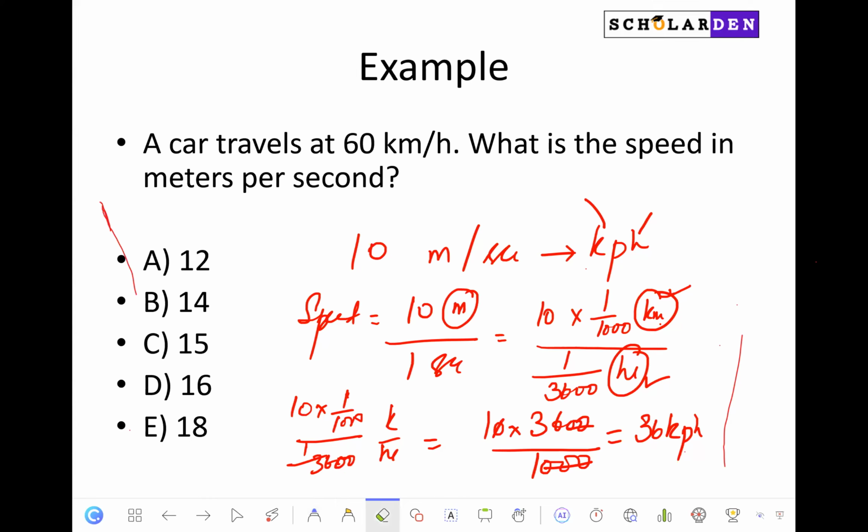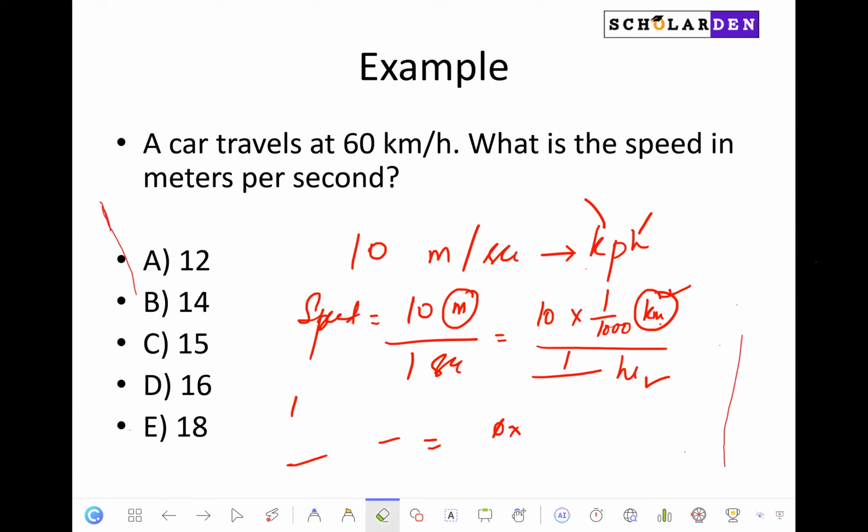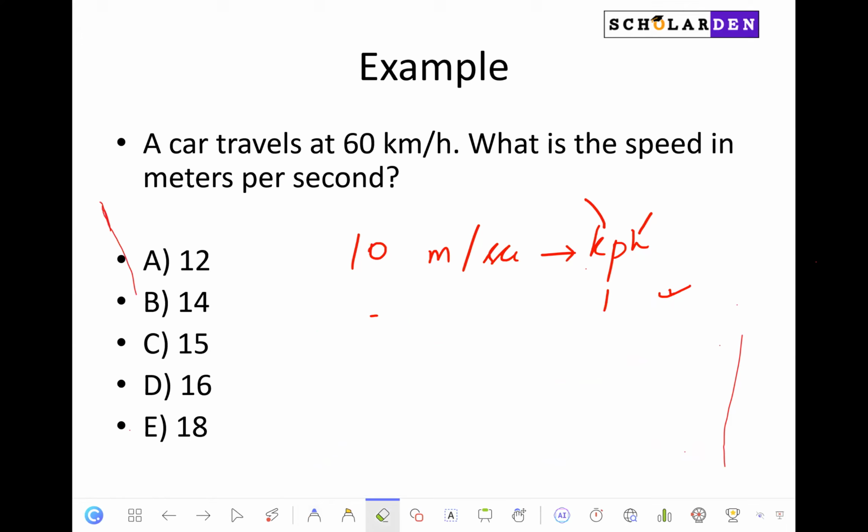Can you recheck? All right, okay. So be very careful when you are canceling out these zeros, because that messes things up if you make a mistake. Okay, great. So moving on.